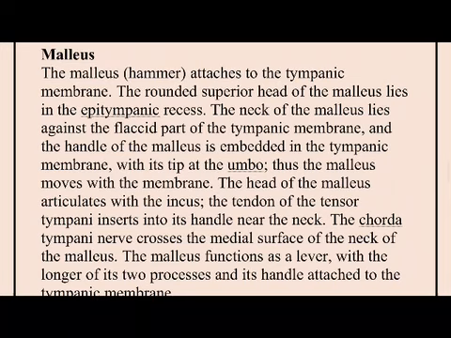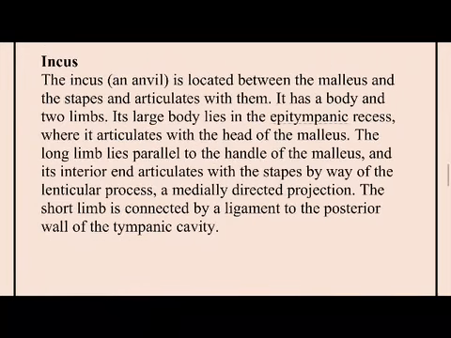The incus is another one of the auditory ossicles. The incus is also called the anvil. It is located between the malleus and the stapes. The incus articulates with both the malleus and the stapes. The incus has a body and it has two limbs.